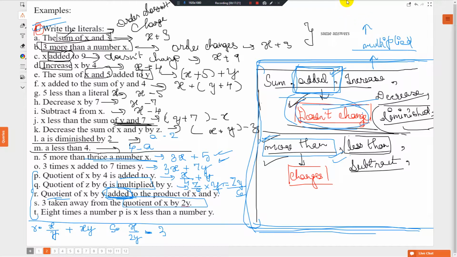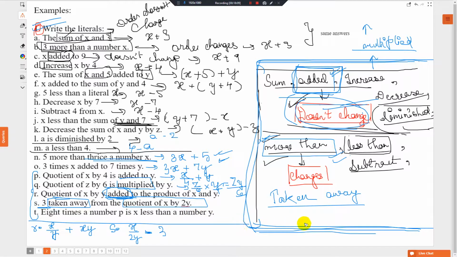And always remember one more thing. In taken away, the statement written after taken away is done first, then you do the one written before. 3 is written before taken away, and quotient of x by 2y is written after.